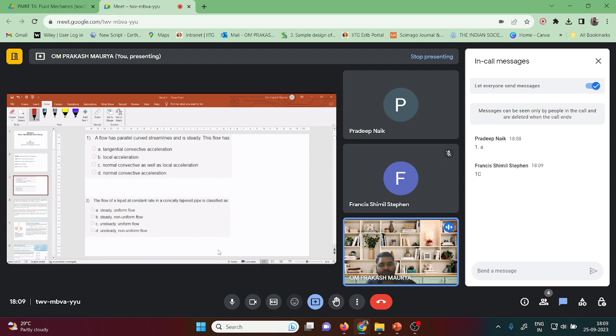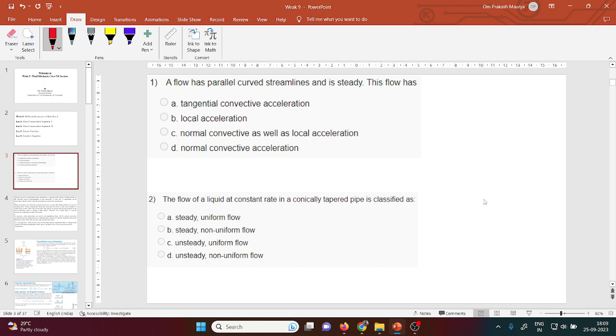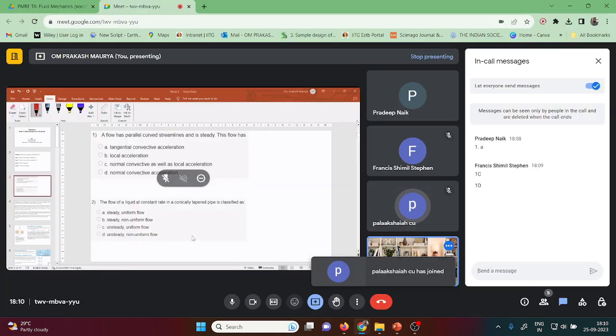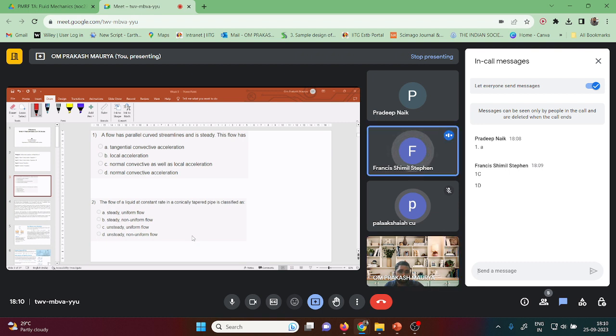Okay, let me discuss the question. Actually, you know, steady flow means what? Independent of time.